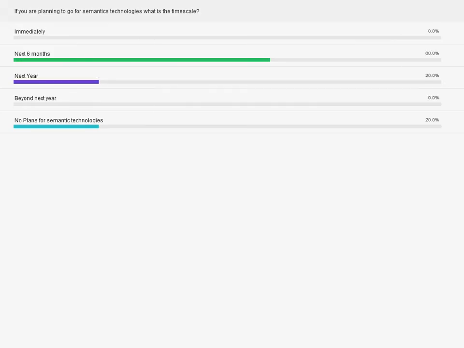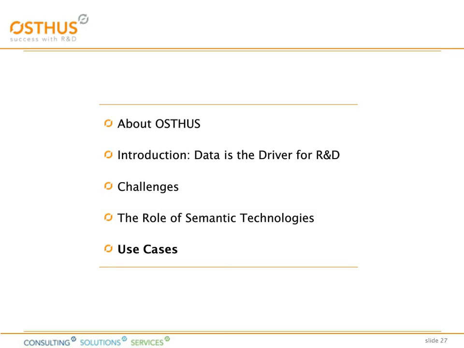For those who are planning, I think this shows that many people are already doing it in the near future, and we at OSTHUS are already implementing them. I would like to go to the next agenda item, the use cases that show how we at OSTHUS are applying semantic technologies in various client projects.